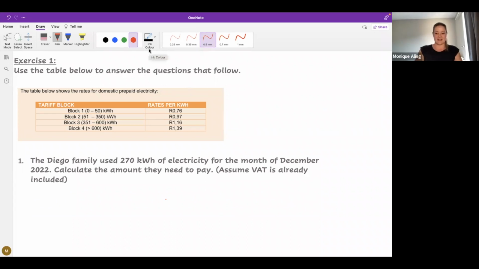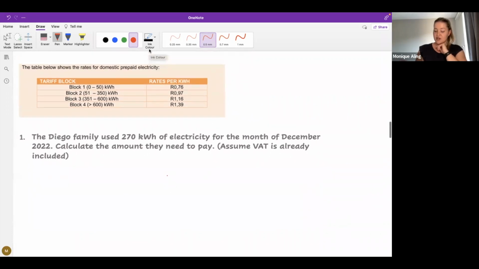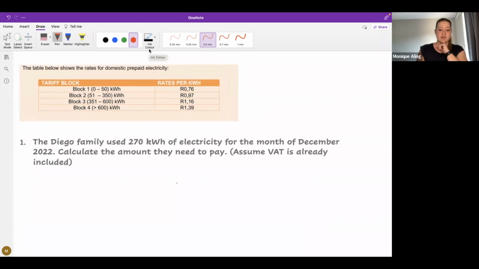Well done. Okay, so we're assuming VAT is already included, so we just had to do the normal calculations. So just to quickly run through the steps for those of you that didn't get the answer. First step is to determine which range we fall into, which is the second block. We're going up to 270 and we work our way down from the first range.